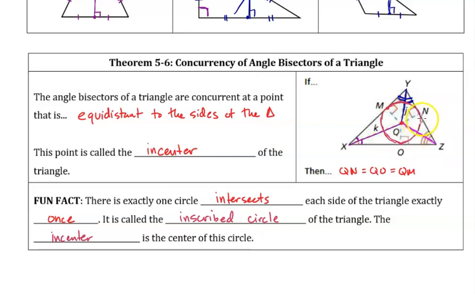It's just hitting the side as it comes by on all three sides. And that would be called the inscribed circle for that triangle. So the circumscribed circle hits each corner once. The inscribed circle hits each side once. And that circle has its center at the incenter.